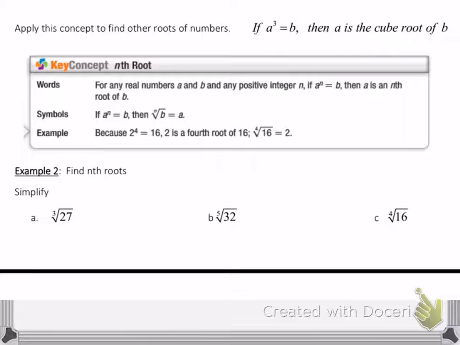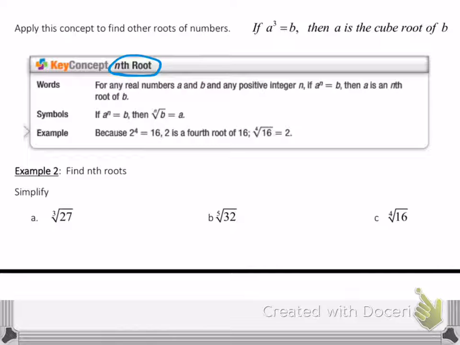Now if we extend this idea of b raised to the 1/2 being the same thing as the square root of b, then what if we have something like b raised to the 1/3 power? How does that transfer? Actually, this next concept is, what if you have an nth root? Meaning if you have a to the n power equals b, then the nth root of b is equal to a.